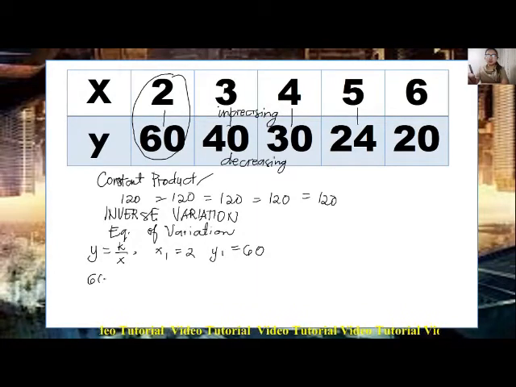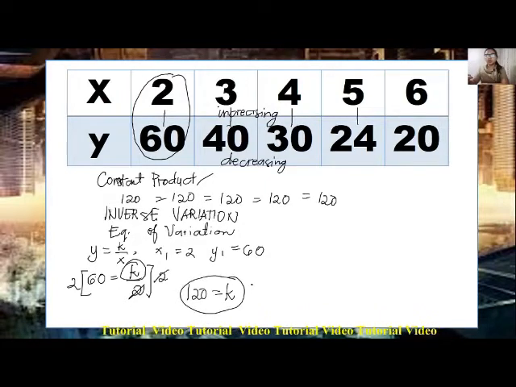So this will be 60 equals k, which we have to obtain, over 2, the value of x. You can apply the multiplication property of equality, wherein you multiply 2 to both sides of the equation to cancel out the denominator, which is 2. So canceling this out, we will have k, and then 2 times 60, that will be 120.